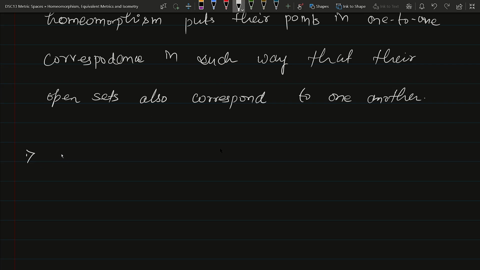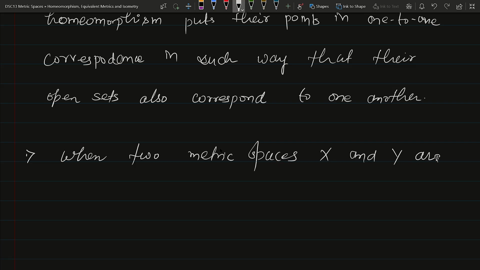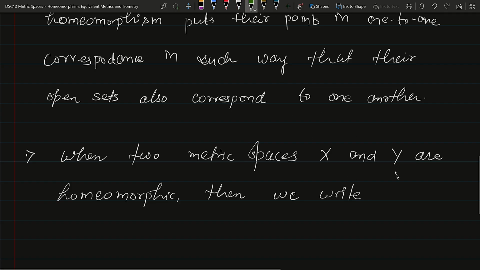So when two metric spaces X and Y are homeomorphic, then we write that X is homeomorphic to Y. So this is the symbol of homeomorphism between two metric spaces.